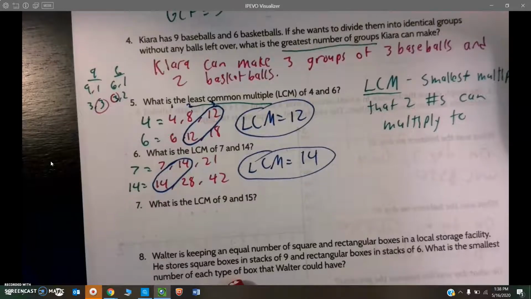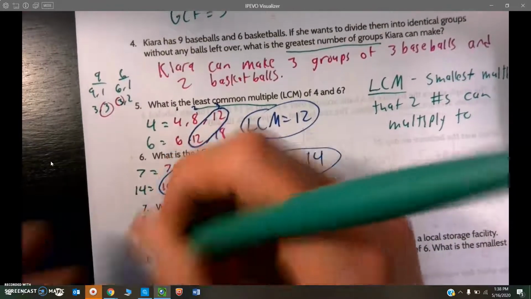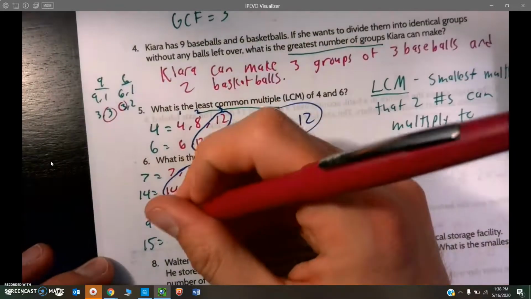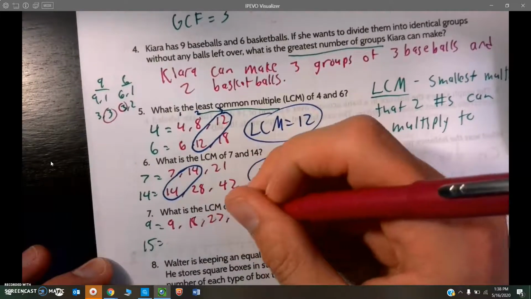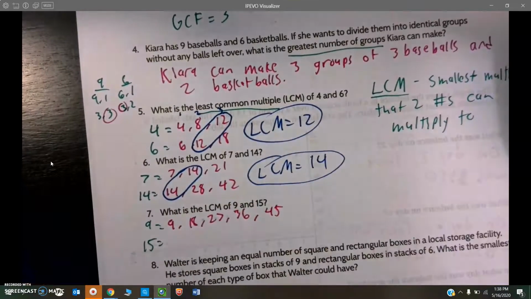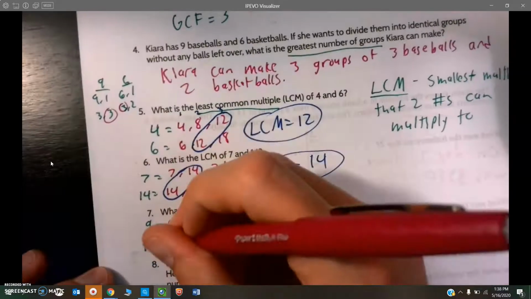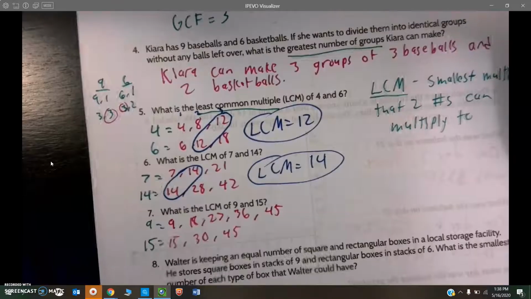And the LCM of 9 and 15. Nine times 1, 2, 3, 4, and then 9 times 5. 15 times 1, 15 times 2, 15 times 3.